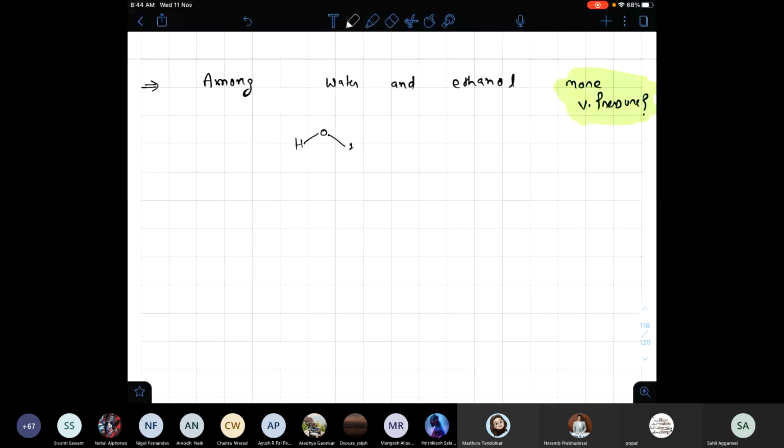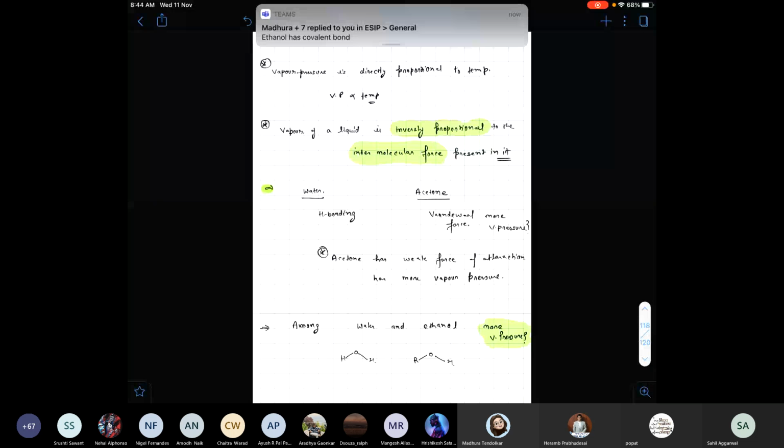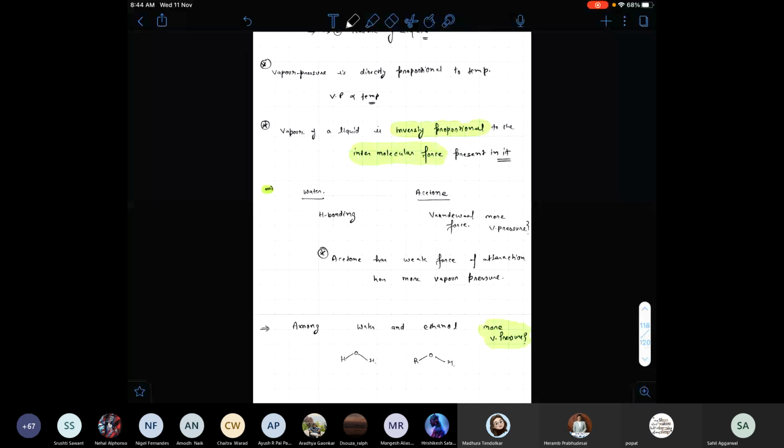Madhura, water also has a covalent bond, but a covalent bond is an interatomic force. We are talking about intermolecular force.